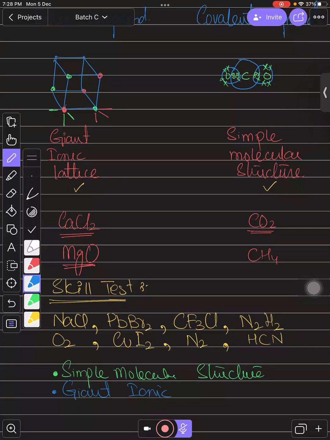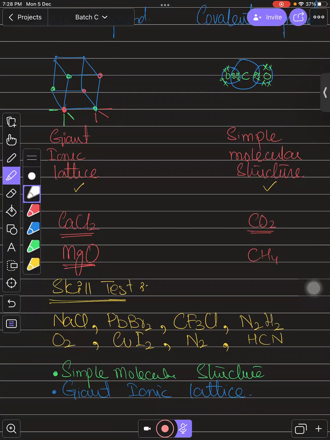Now see, I have written here: in green I have written simple molecular structure and in blue I have written giant ionic lattice. So quickly tell me, any one giant ionic lattice over here? Hamza. NaCl, very good. Any simple molecular structure over here?